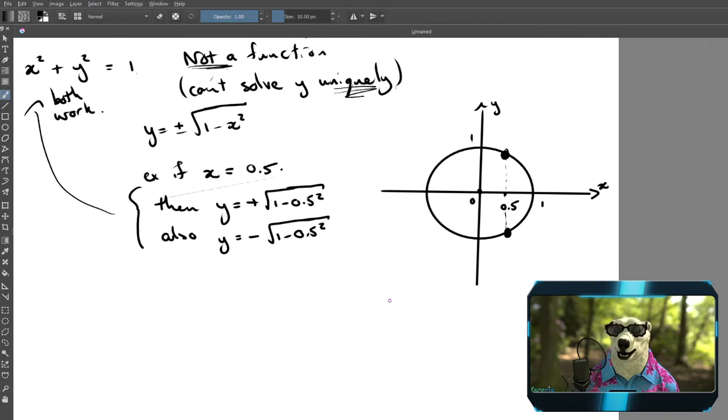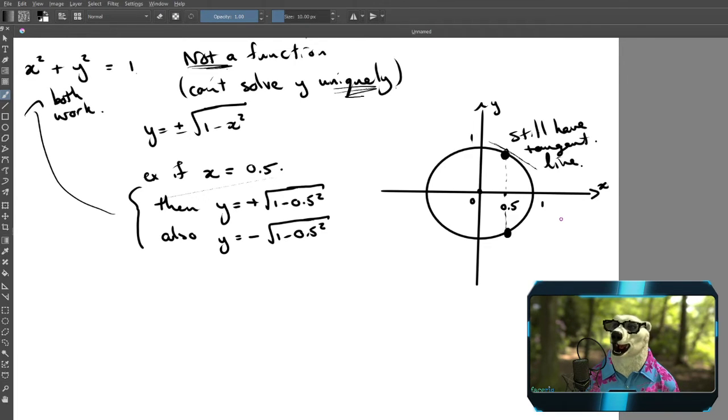I do therefore have the question of, if I look at this point, what is the tangent line at that point? I still have a tangent line. That means I still have rates of change and all those things, even though I don't have a function.